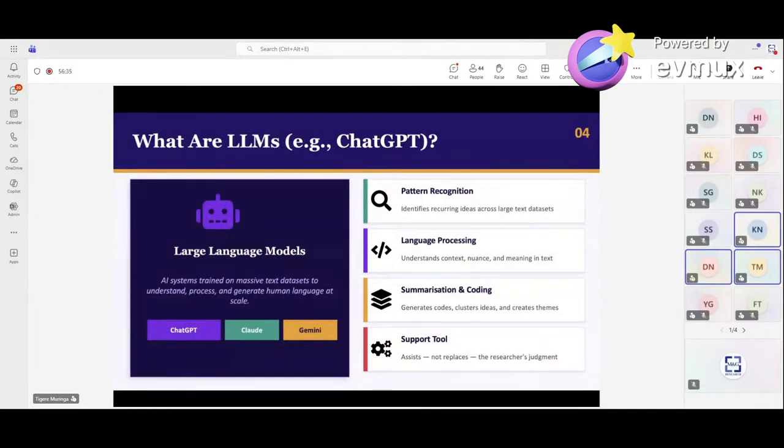So what are these LLMs, ChatGPT? We know it's been 3 years since OpenAI introduced ChatGPT, and after that, the number of platforms has increased exponentially. Daily, there is a platform that comes out, right? So these platforms, ChatGPT, Claude, and Gemini, are trained on massive text data sets to understand, process, and generate human language at scale.